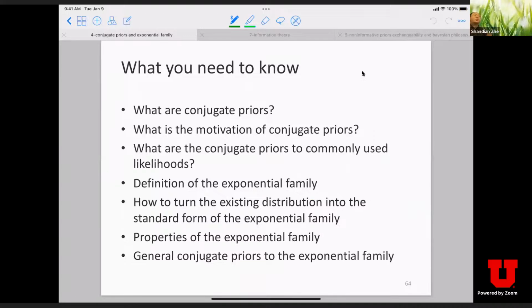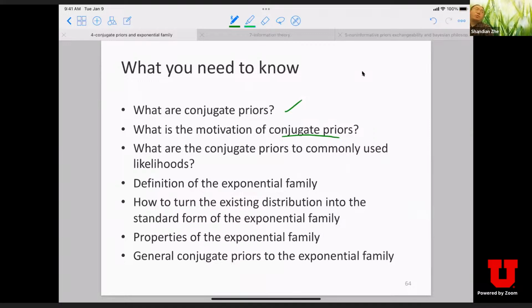Okay, so what do we expect you to know after this section is that you should know what conjugate priors are, right? What's the definition and what's the motivation of conjugate priors? Unfortunately, it's mainly from computational convenience. It's not from a modern perspective. Right? And what are the conjugate priors to commonly used likelihoods?